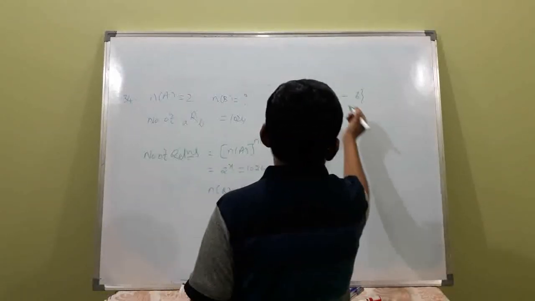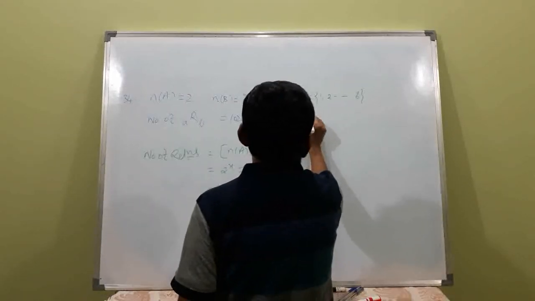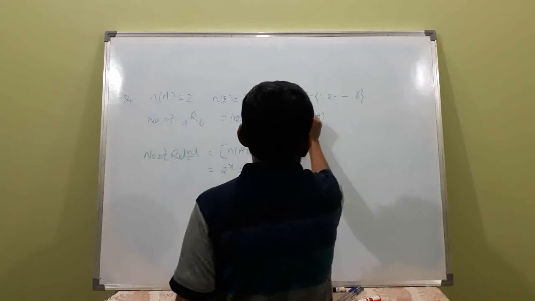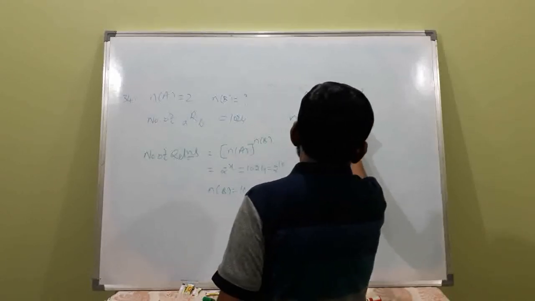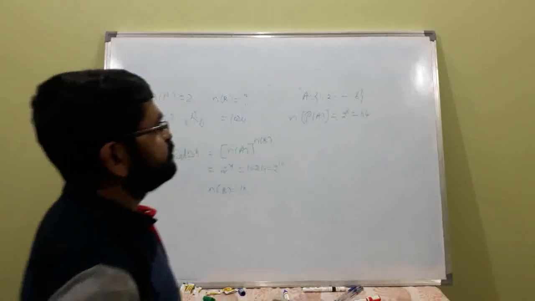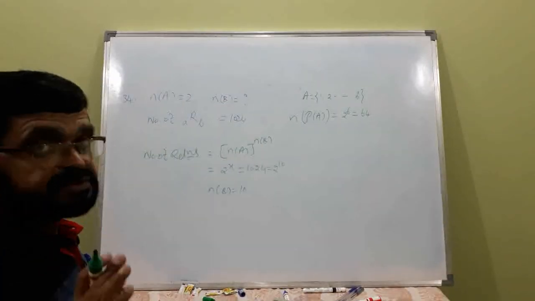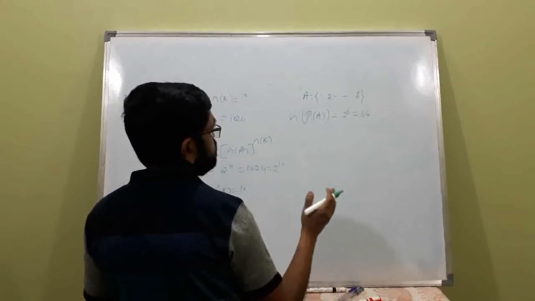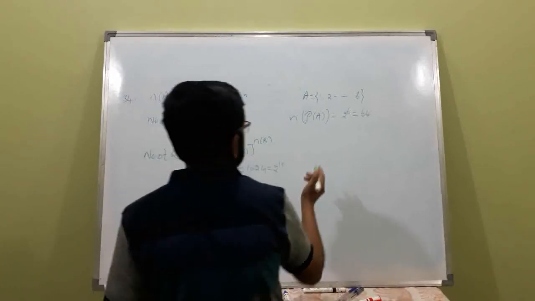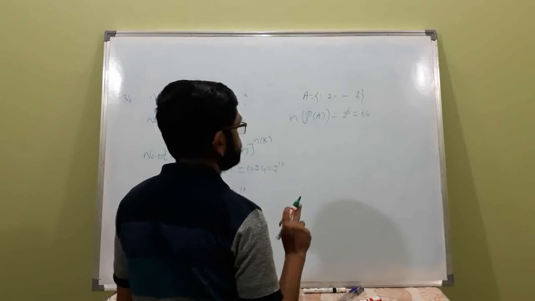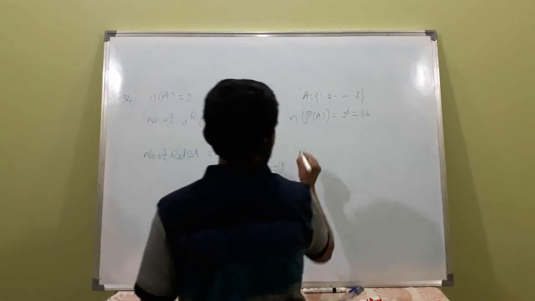We know that the power set of A contains 2 to the power 6, or 64 elements. The number of subsets with at least 2 elements means except the null set and the sets containing one element.